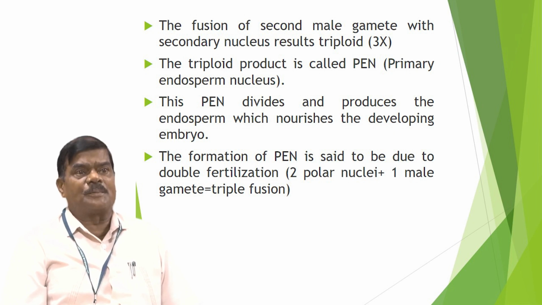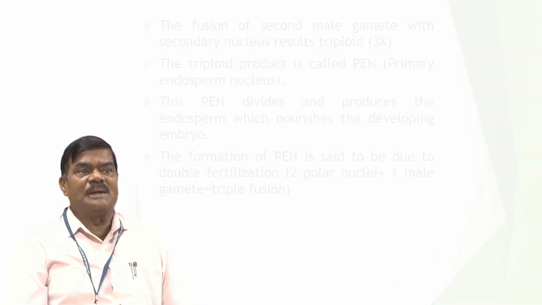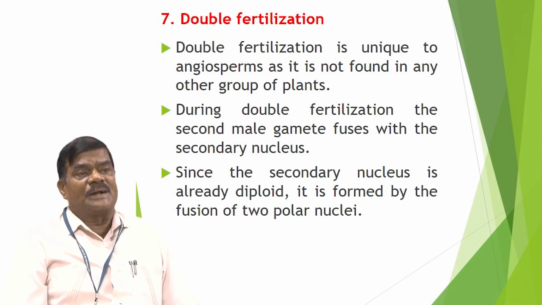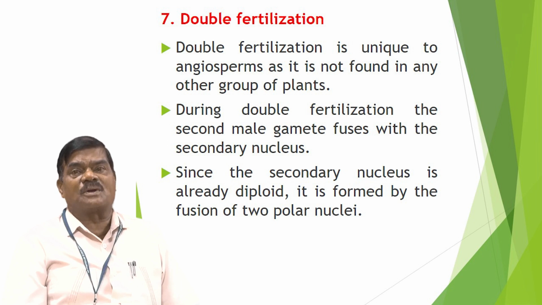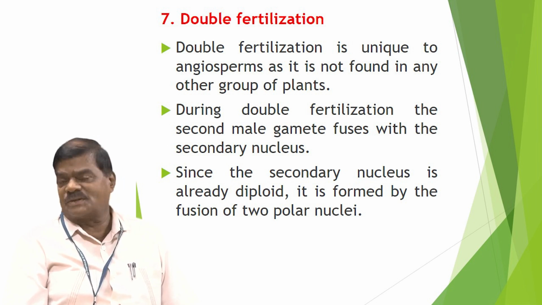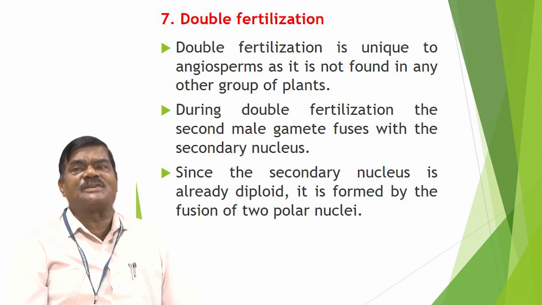The formation of PEN, the primary endosperm nucleus, is due to double fertilization. The product is two polar nuclei and one male gamete. So overall, if fertilization is to be completed, these 7 steps are very essential to know about the fertilization of angiosperms. But double fertilization is not found in any other plant except angiosperms.